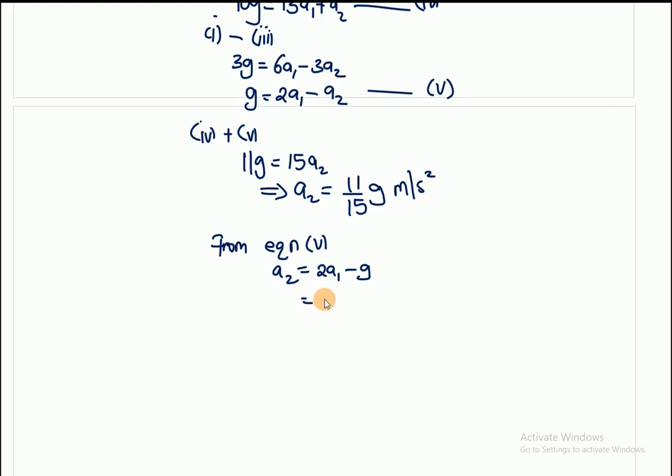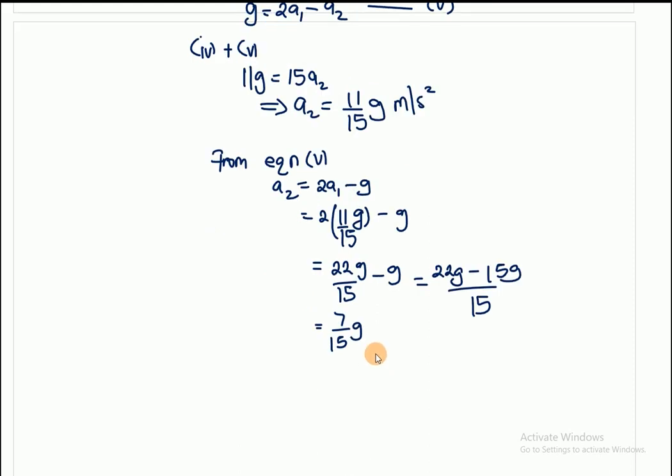This one is 2 of 11 over 15g minus g. This one is 22g over 15 minus g. And when you work out this one, you are going to get 7 over 15g. This one is in meters per second squared.